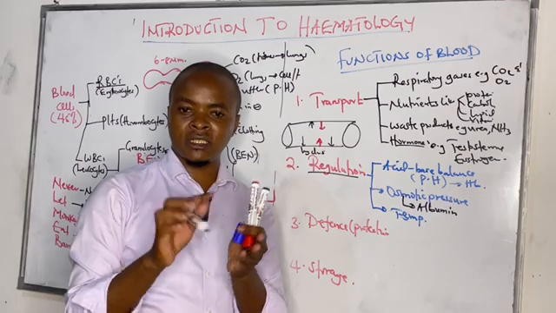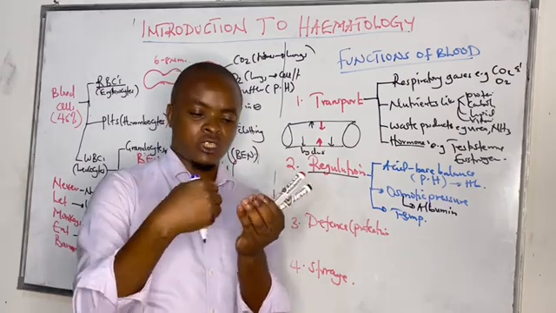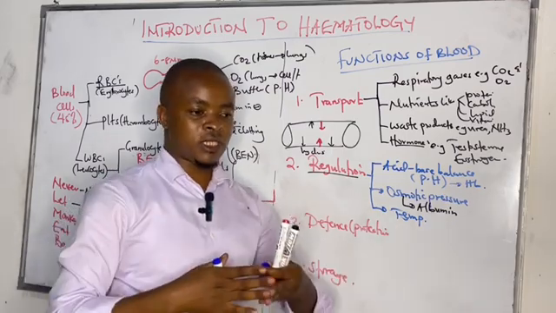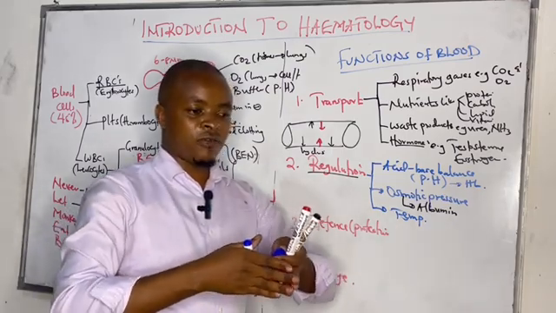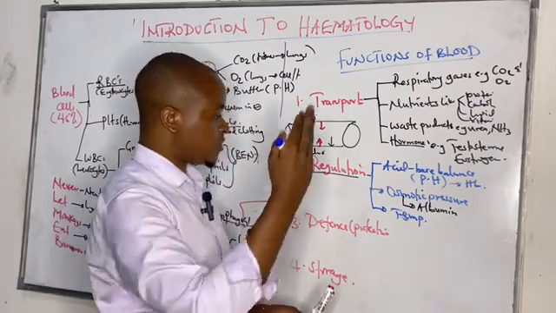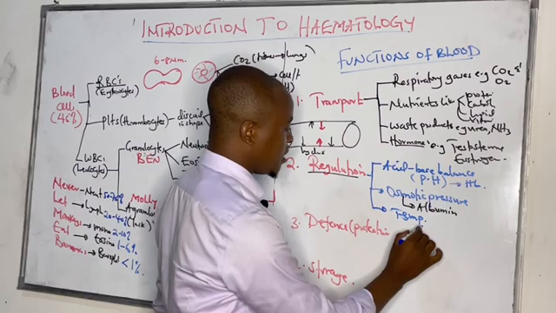When there is coldness, the vessels vasoconstrict to reduce the blood supply near the skin. And when there is heat, the vessels vasodilate, allowing blood to come near the surface to lose heat. So it maintains body temperature.